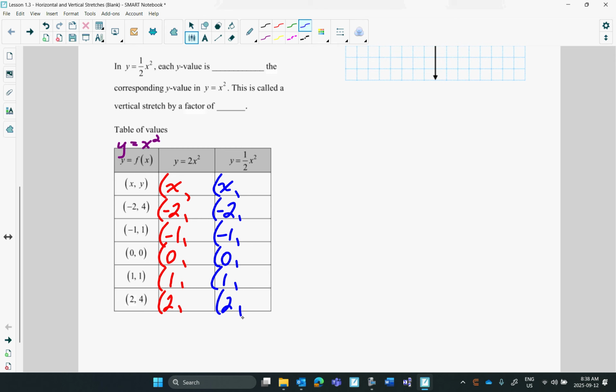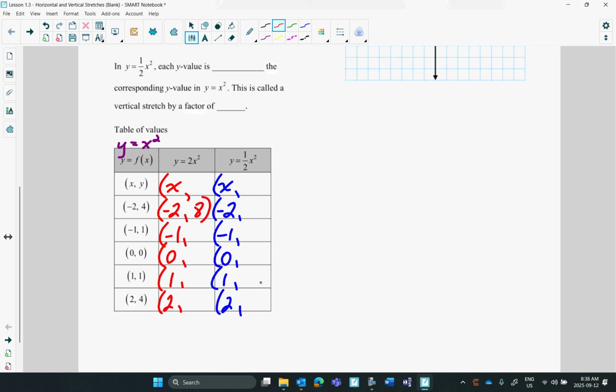Okay, let's look and see what happens to each point when I plug it in this function with a 2 in front. That means I'm going to go -2 squared times 2. So this becomes 8. And then do that for each of the x values, because remember, they don't change.